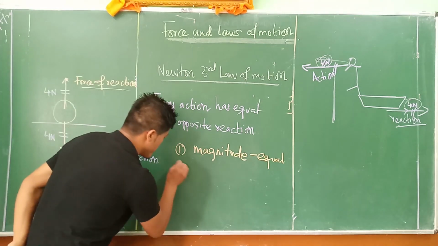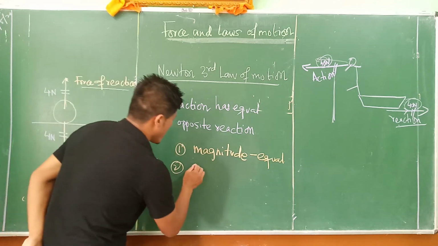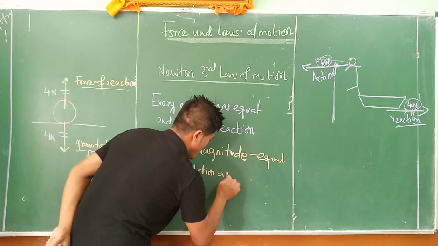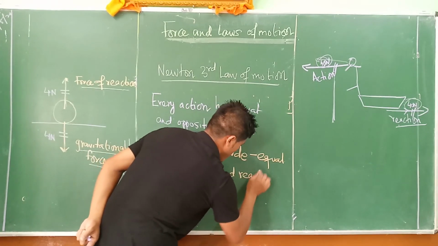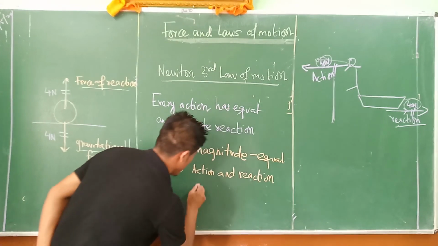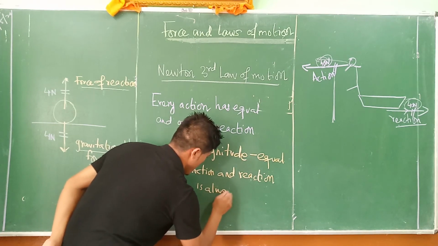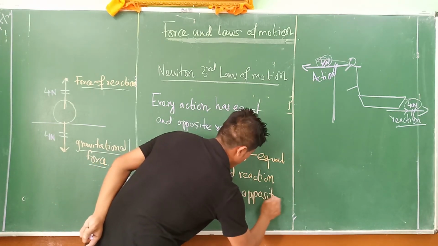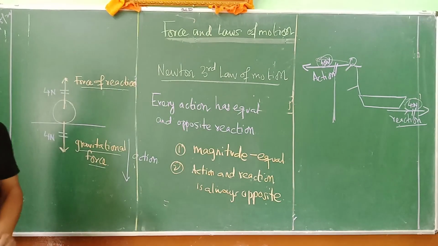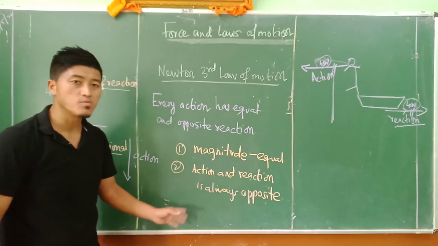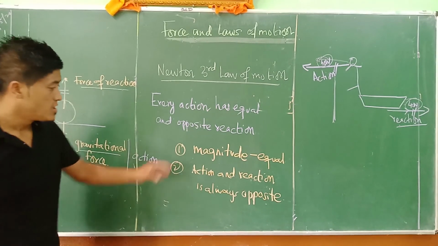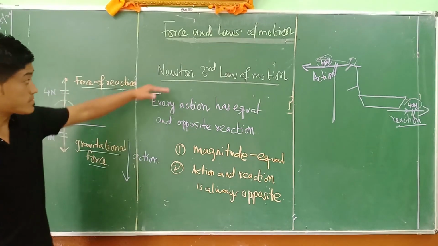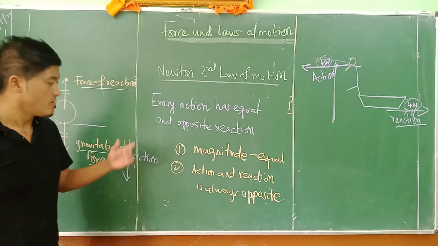And the second one is that action and reaction are always opposite by nature. So if you keep these 2 points in mind, you have understood Newton's third law of motion.